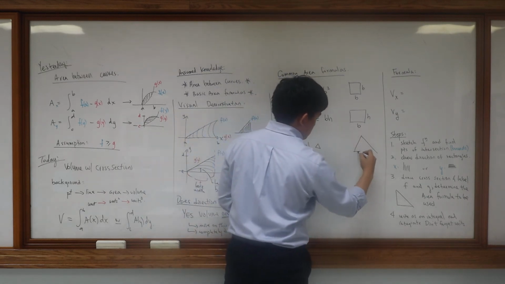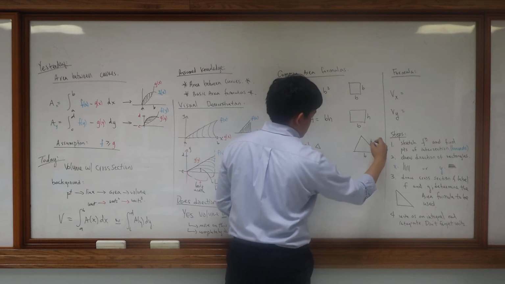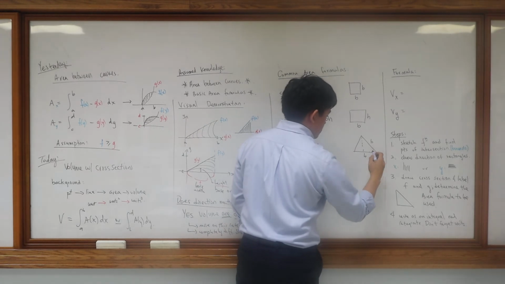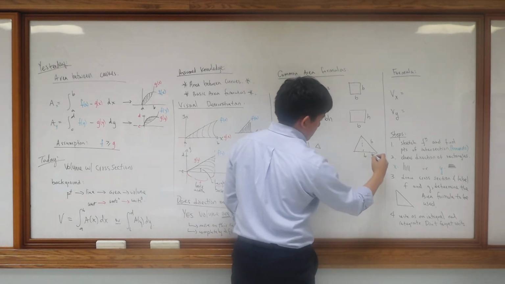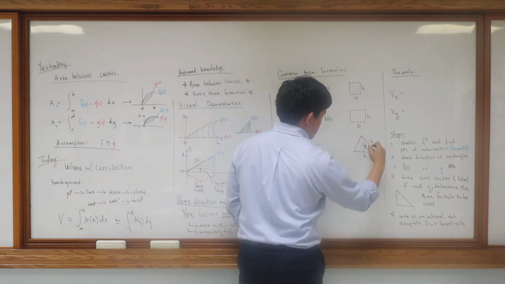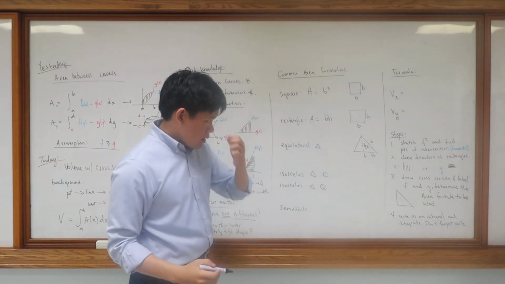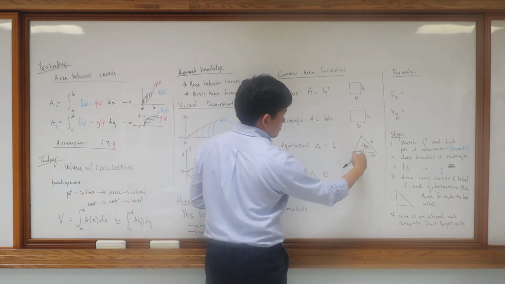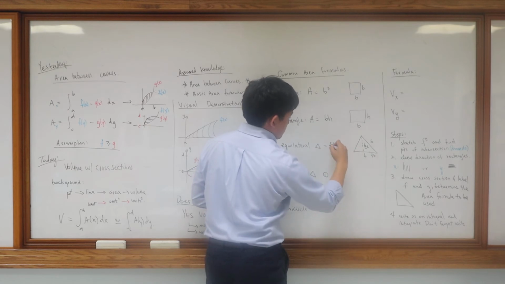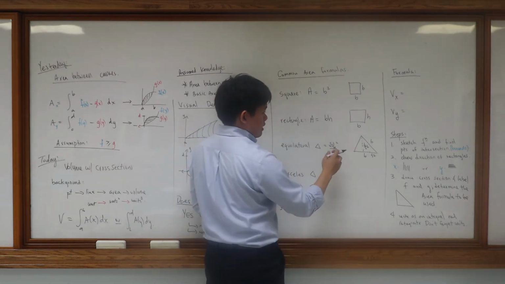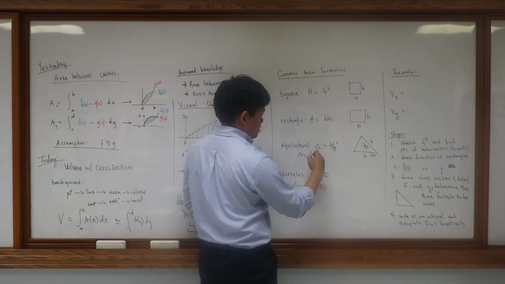Now, equilateral triangle. 60, 60, 60. We have this diagram. This is my base, and you have to find the height. This part here is half of b. Using Pythagoras' theorem, we know this part here is root 3 over 2 b. The area is base times height divided by 2.